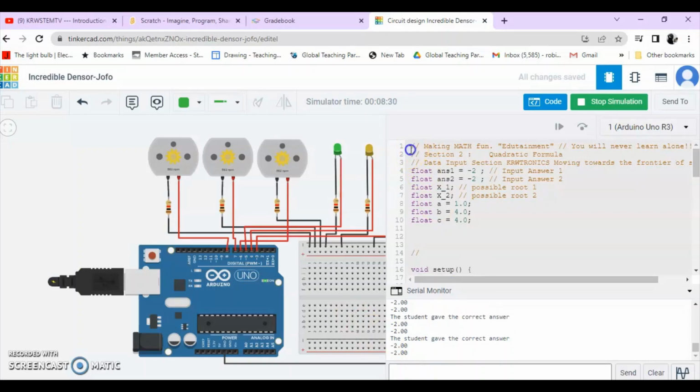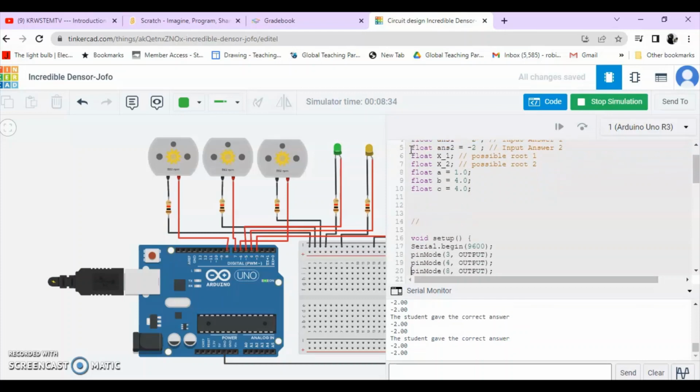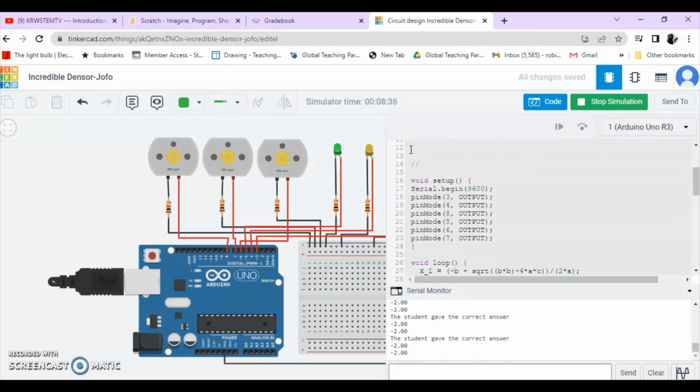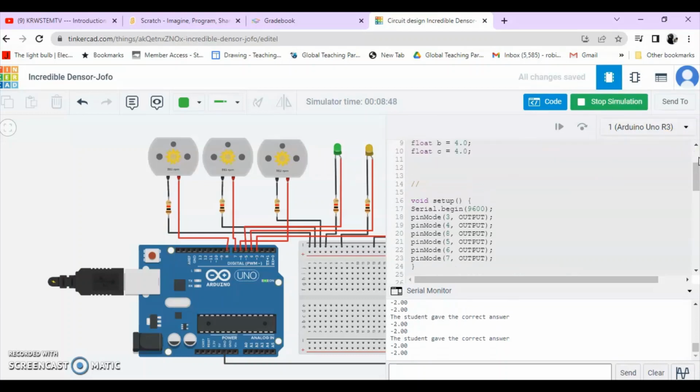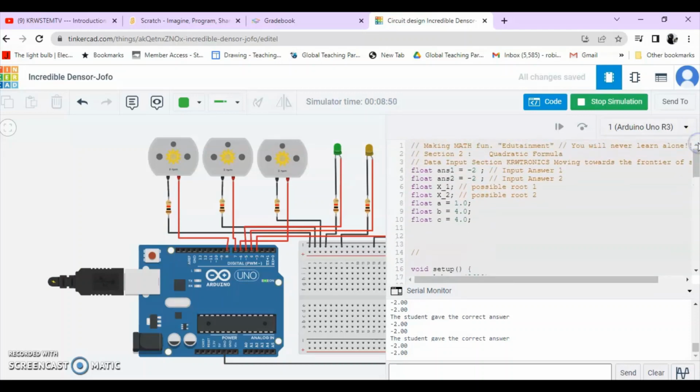So just to guide you through the code so that you can use it in class. For one of those days when you are finished with quadratic equations, you go to Tinkercad, you already have the code, and you allow the students to use the quadratic formula, make their computations, put in the values for A, B, and C, and input their answer.